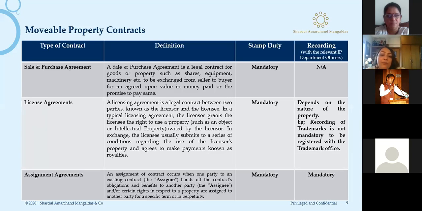For example, if I'm a licensed user of an IP, I may want to register that contract with the trademark registry to be able to have that right and to be able to use the licensed use on the logo or the brand that I have.